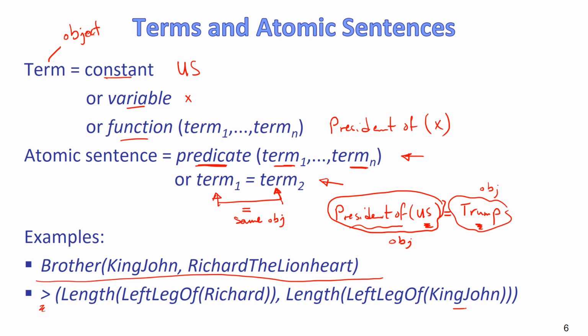So these are the ways in which we represent sentences in first order logic. We use terms to refer to objects, and using these terms we use them in predicates or in equality sentences.